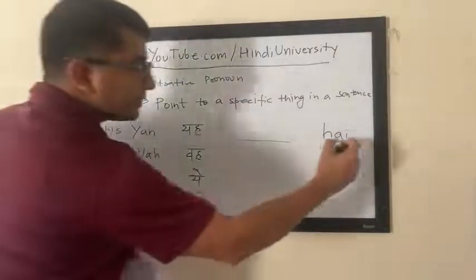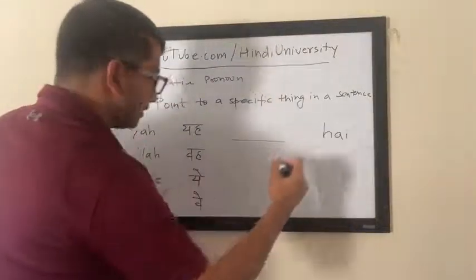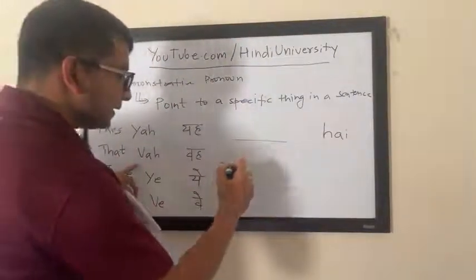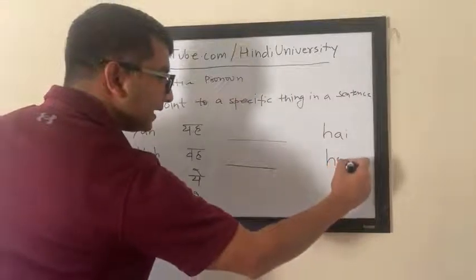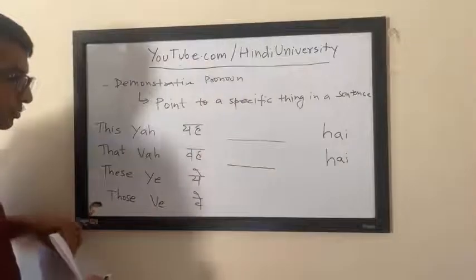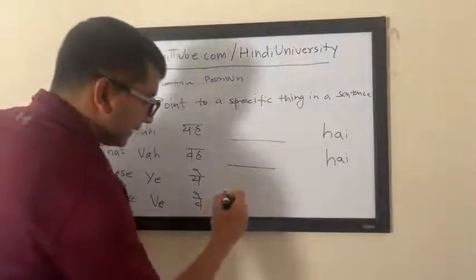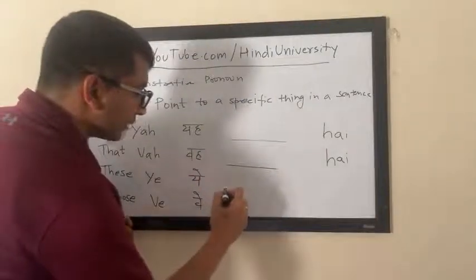Okay, and this is nothing but the to-be form of the verb that we are using. Similarly, you have vah, you are ending it with hai. These are the most simple sentences using the demonstrative pronoun.